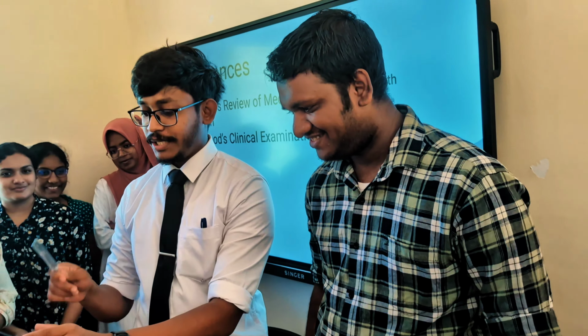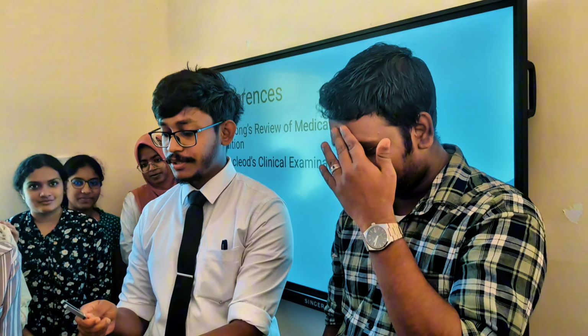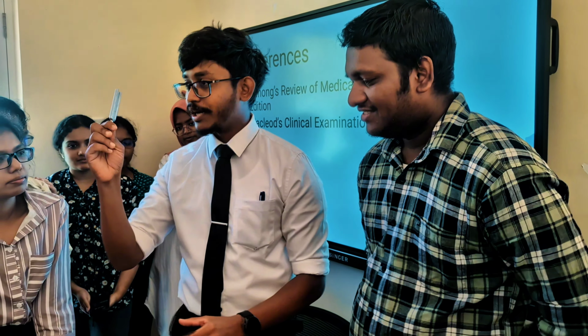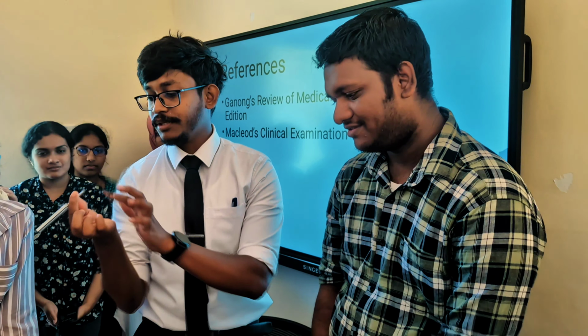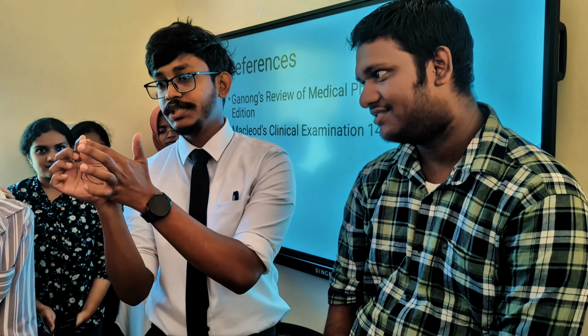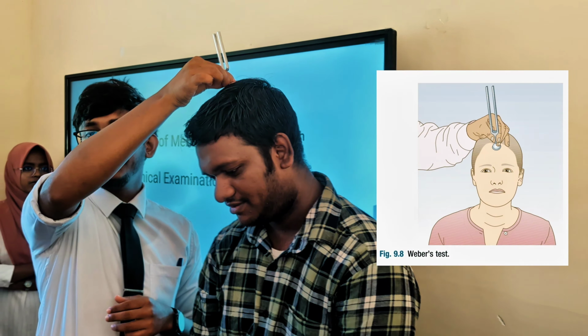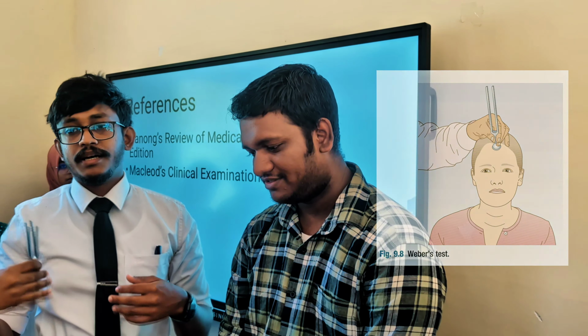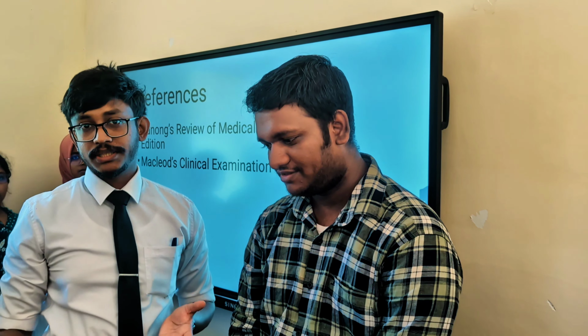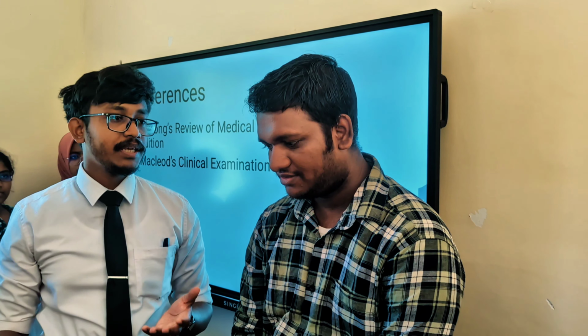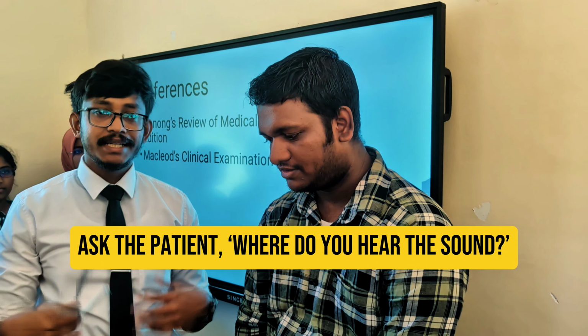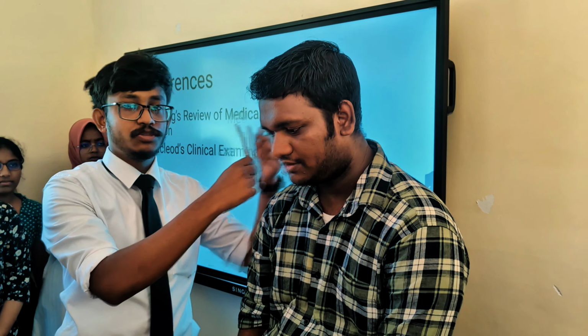So once we hit the tuning fork and get it to vibrate, we place the tuning fork's foot end on the vertex. Then we ask, can the patient hear or not? And if so, we ask whether the patient is having any discrepancy with regards to both ears.